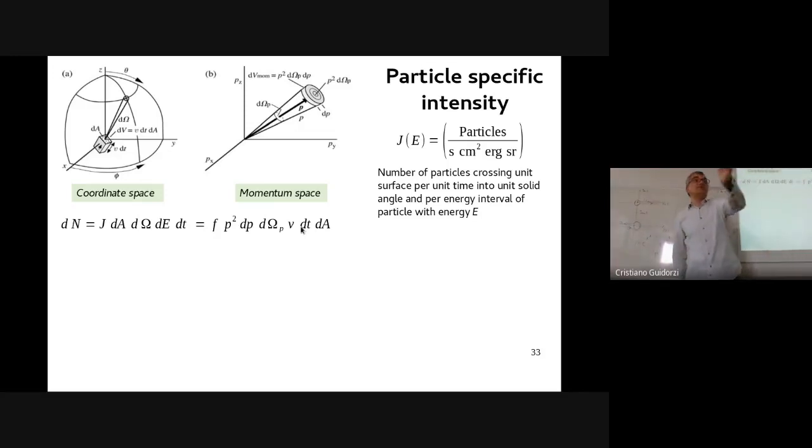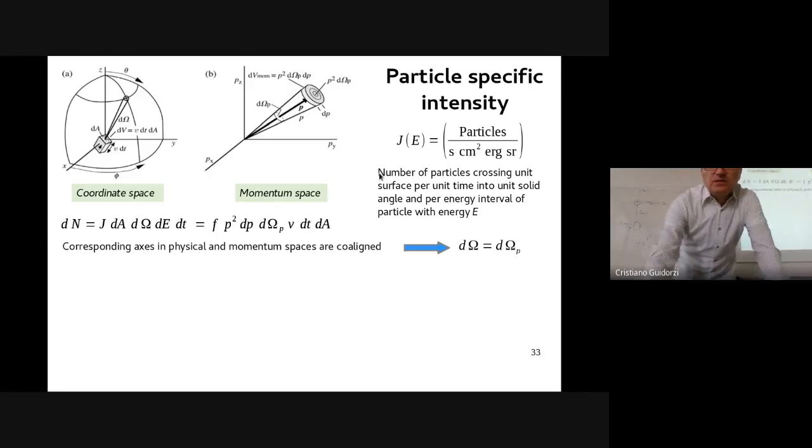Let's have a look at the corresponding part in the momentum space. Well, all of them have almost the same p. Why? Because, as I said, they have almost the same velocity, so the same p, but not exactly the same. There is some spread, which is over the solid angle. And the solid angle, if you think a little bit, is exactly the same.